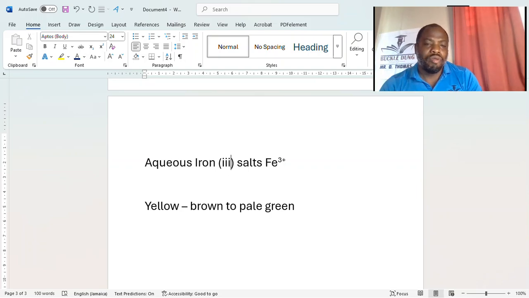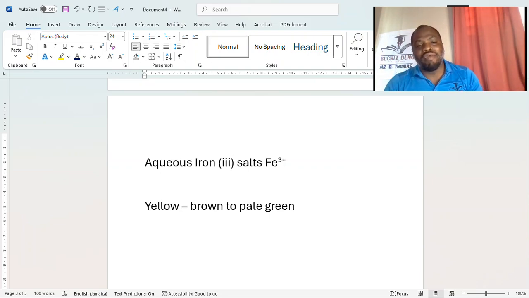Now, we know that what we have in bracket is a reflection of the oxidation state. So iron 3 simply means that the oxidation number of the iron is +3.